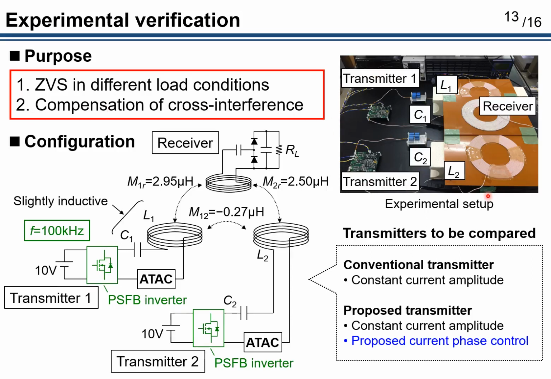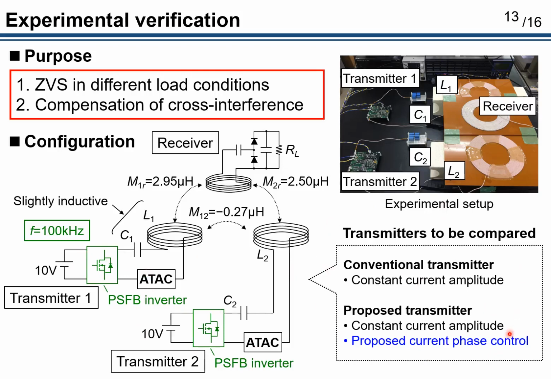This is the experimental setup, and the receiver coil was placed on two transmitter coils. Then, this is the system configuration and the parameters. Each transmitter resonator was designed to be slightly inductive. Although the operating frequency of the proposed transmitter is not limited, each inverter was driven at 100 kHz for simplicity.